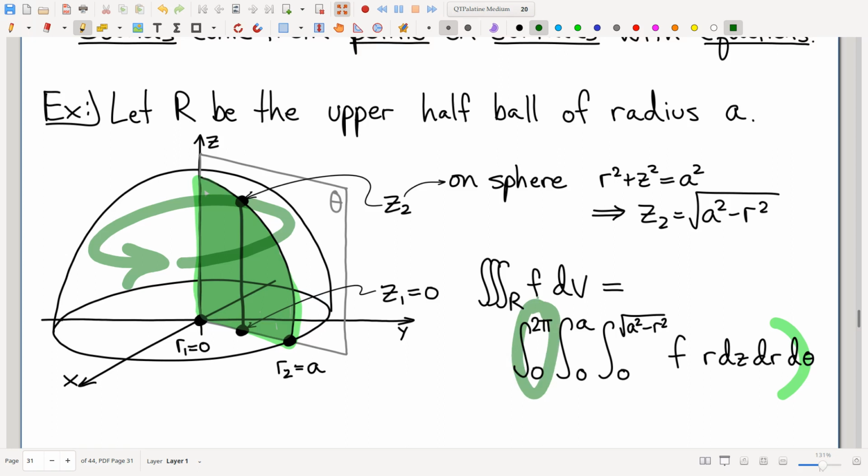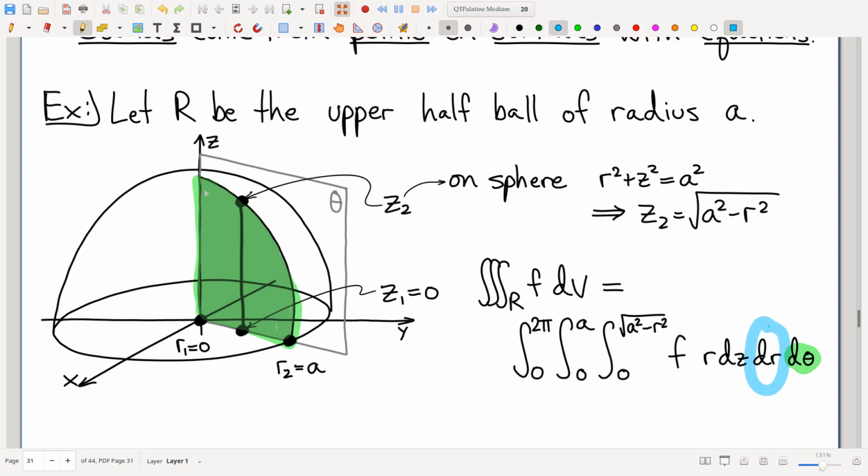Okay, so as usual, we're going to now fix a value of that variable. We're going to fix theta. We're then going to go on to slicing in the next direction, which is r. What do r slices look like? We got to keep in mind a slice means a constant value of that variable. So what do I get if I have a constant value of r? Well, a constant value of r would be a cylinder, which is weird.